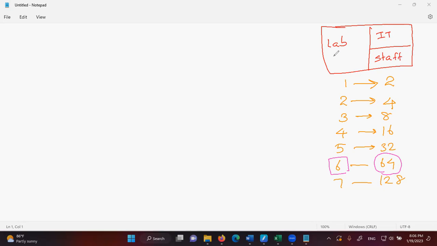In the IT lab, assume that we have 100 computers. In the IT department, they have 7 computers. In staff, they have 20 computers. So then we are supposed to develop 3 subnets here in this office.